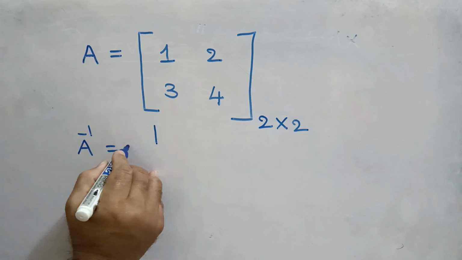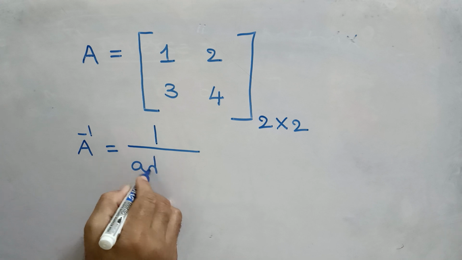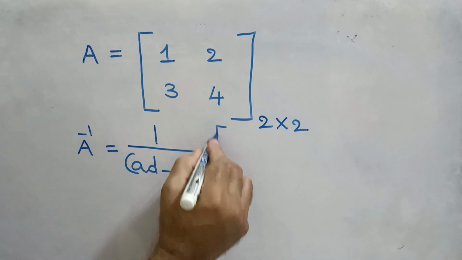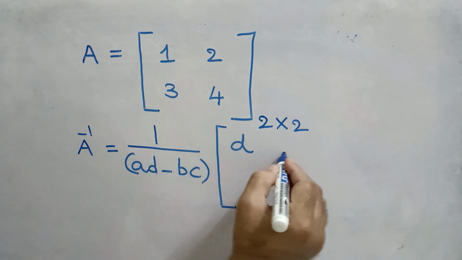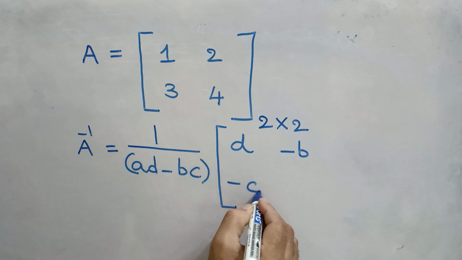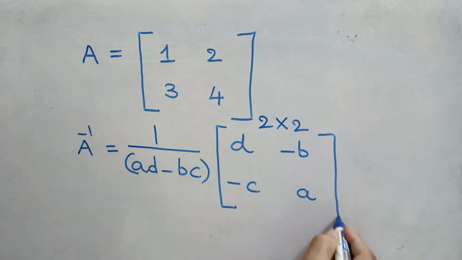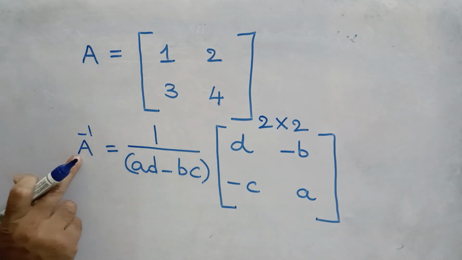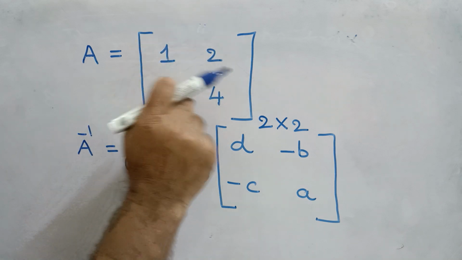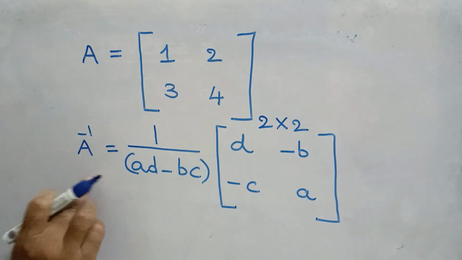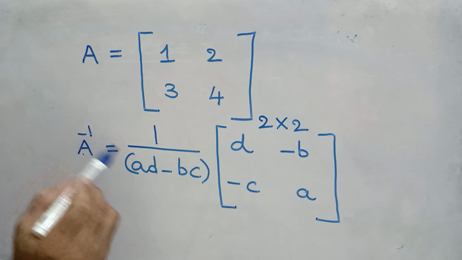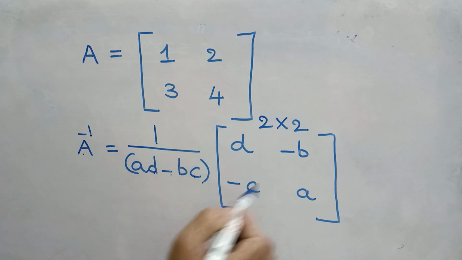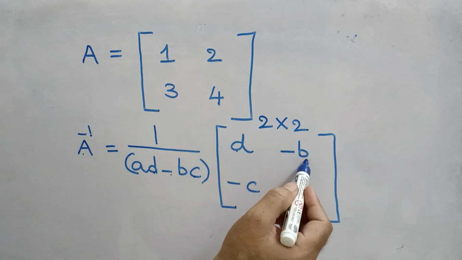If you recall, A inverse is equal to 1 by (A into D minus B into C), you take the product like this, then take a bracket with D, minus B, minus C, A. Have you remembered it? This is a very simple formula.